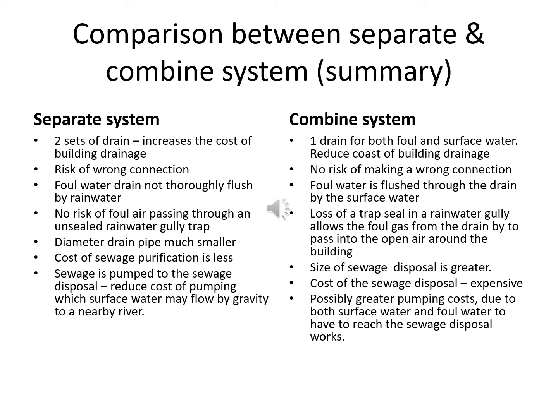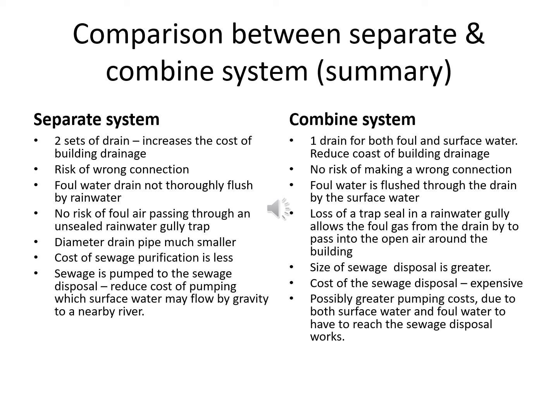The diameter of drain pipe in the separate system is much smaller. The cost of sewage purification is less, and the sewage is pumped to the sewage disposal works to reduce cost of pumping, while surface water may flow by gravity to a nearby river.